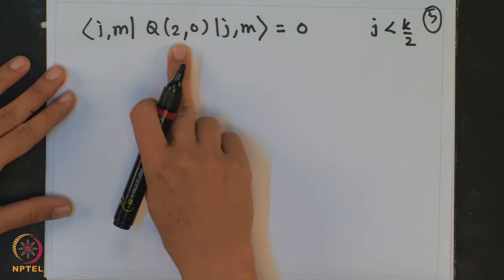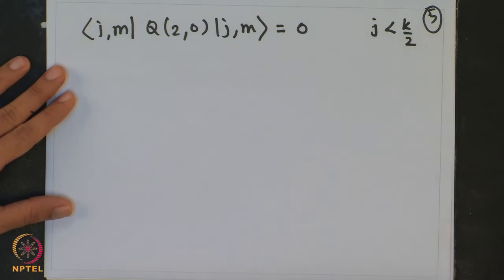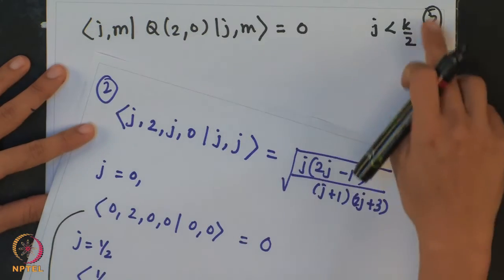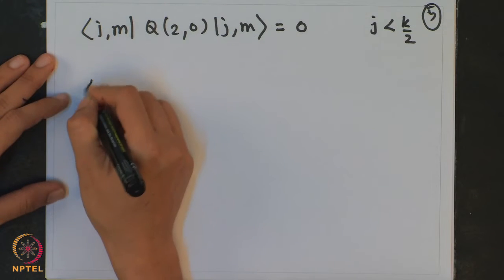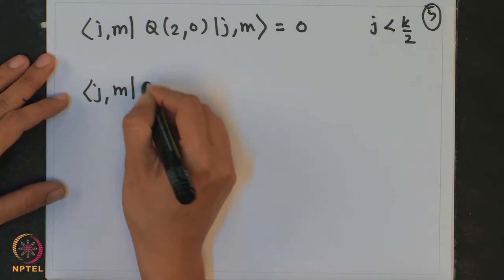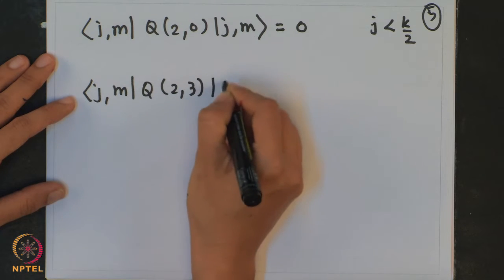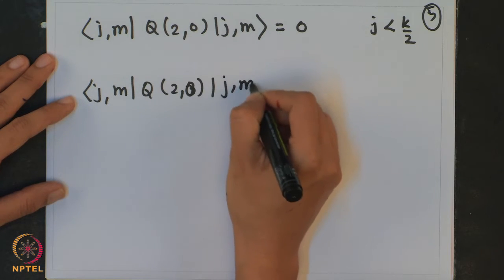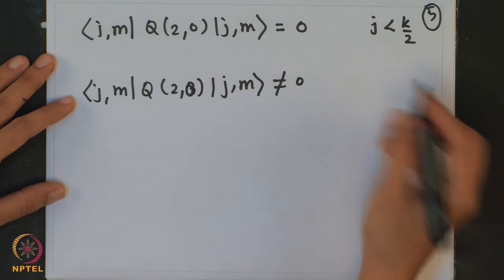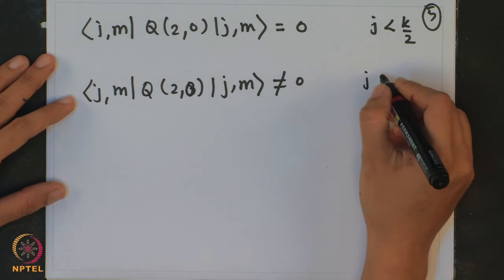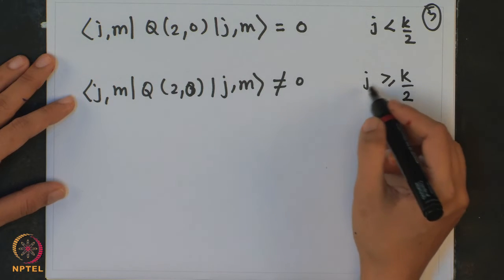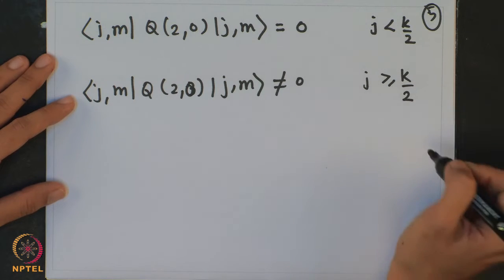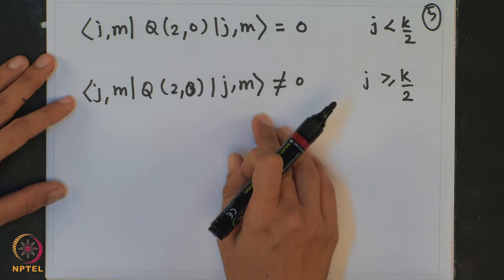So, k is 2, so when j is less than 1, that is when j is 0 or half, this quantity is 0, while j m q 2 comma 0 j m is not equal to 0 when j is greater than or equal to k by 2. So, if j is equal to 1, 3 by 2, 2 etc., then this quantity is non-zero.